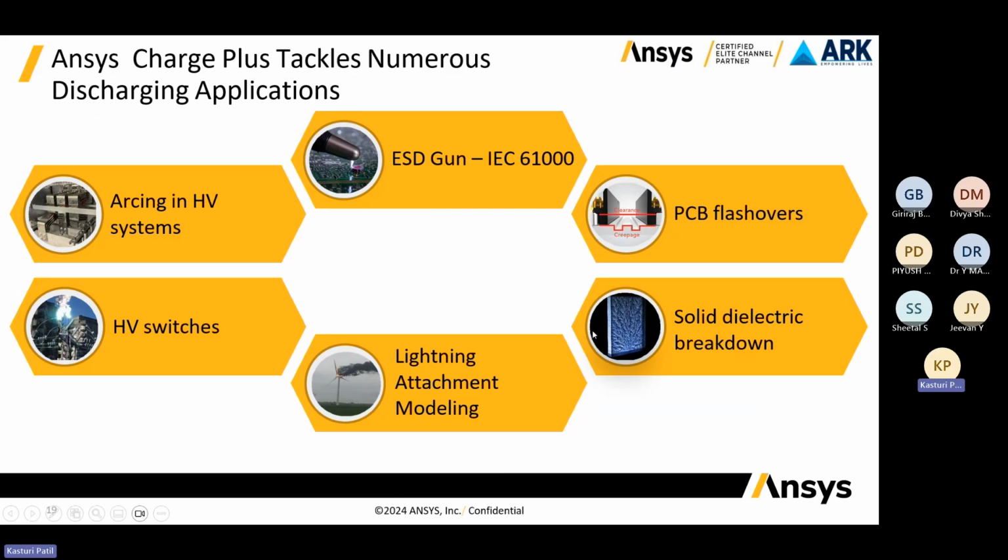These are some examples for Charge Plus: ESD gun or arcing in HV systems, HV switches, lightning attachment modeling, solid dielectric breakdown. We already know a drone is also one of the important examples, where the drone is traveling from one place to another place.